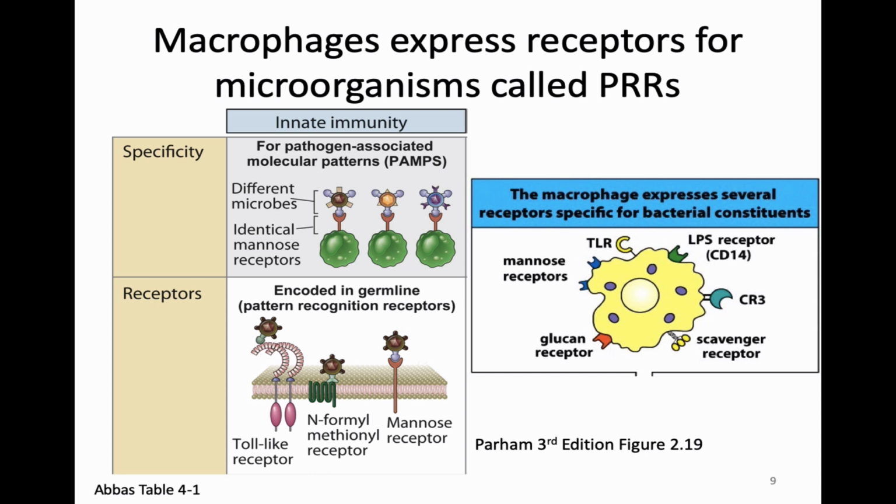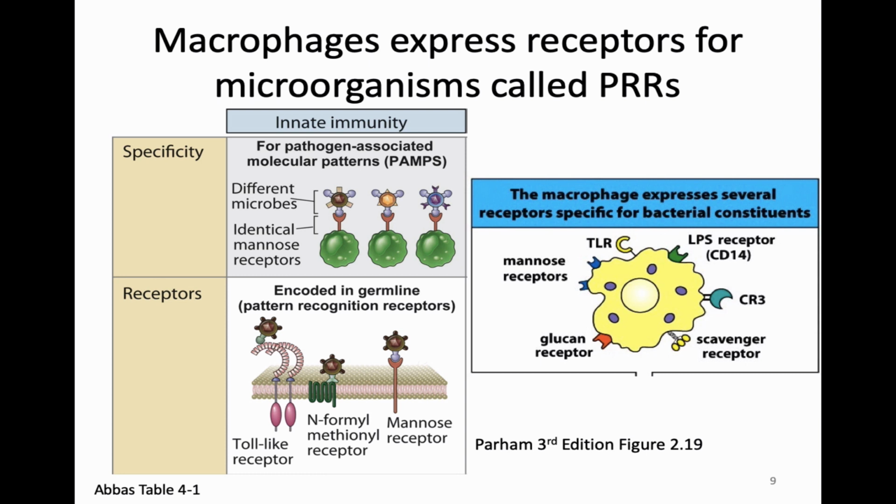Each cell will likely have multiple different PRRs, as you can see in the macrophage on the right-hand side. These are sort of normal receptors that will make more sense when we talk about some other types of receptors later in the semester that are encoded by your typical types of genes.